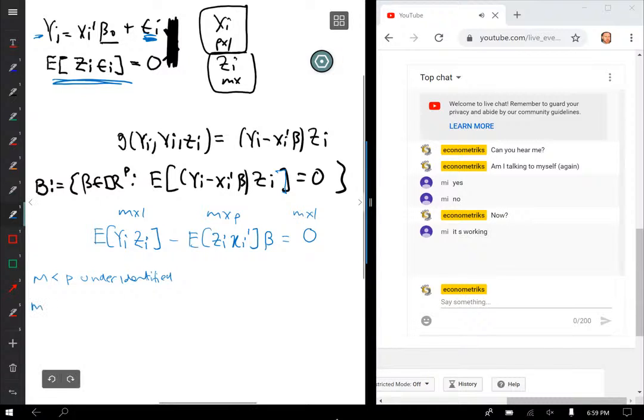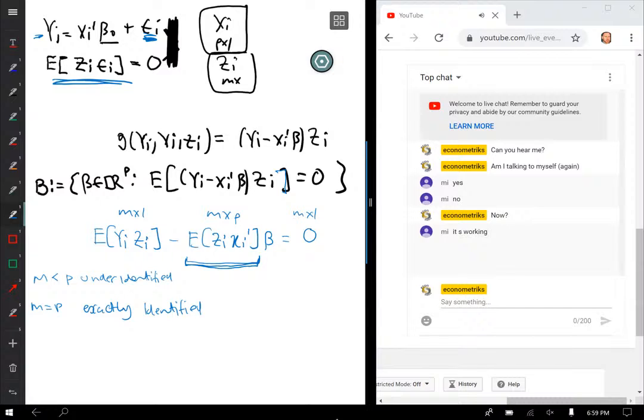m equals p would be exactly identified, which may or may not have a unique solution. It would depend on the rank of this. When m equals p, this is a square matrix, and this may or may not be full rank. Broadly speaking, it's going to be related to the covariance between all the z's and the x's.